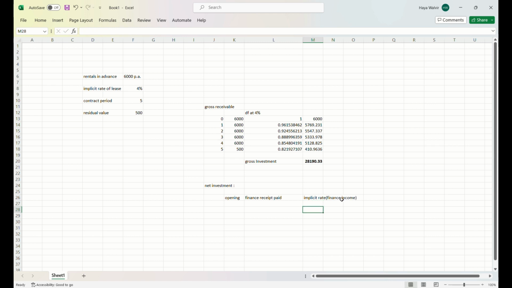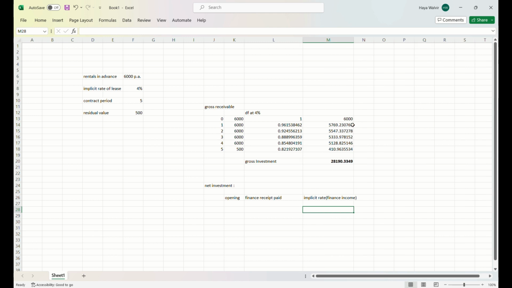Let me just extend this column. And finally this comes to balance brought down at the end of the year, and this should be year 1.